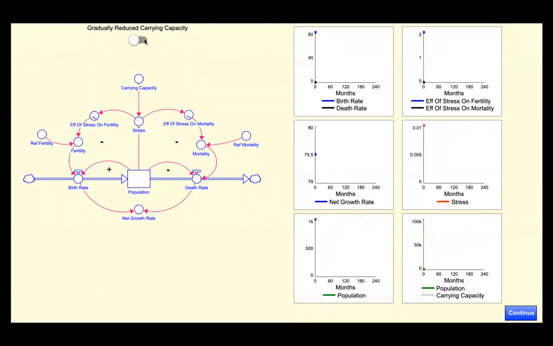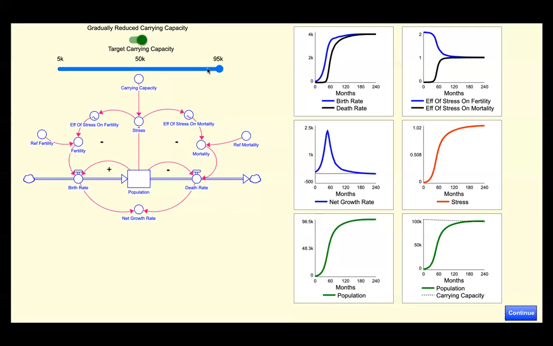Finally, we may introduce a gradual decline in the carrying capacity resulting from an environmental degradation, say from pollution or climate change. To do so, we use the switch at the top of the screen to activate a gradual decline and use the slide bar appearing to set the target carrying capacity towards which the carrying capacity will be heading over time.